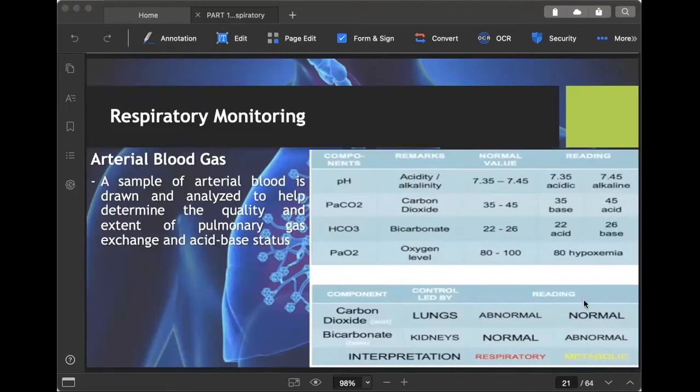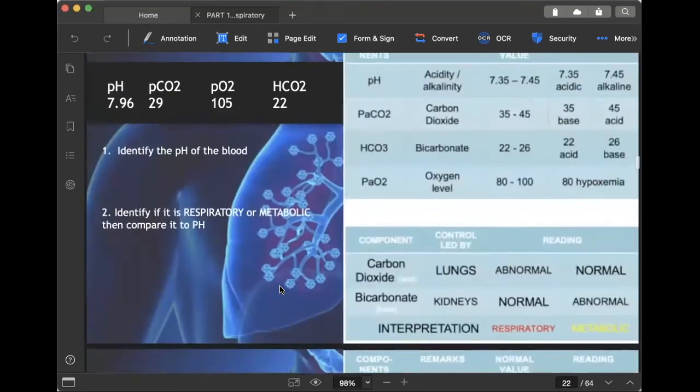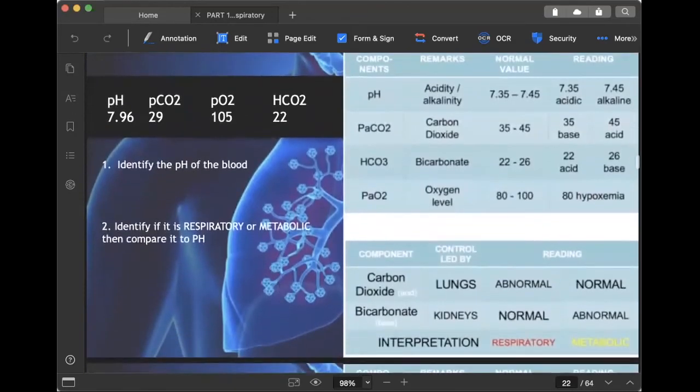The first thing that you're going to determine here is, of course, the pH of the blood. Once you determine the pH of the blood, you can already know if it's acidic or alkaline. Then you identify if it's respiratory or metabolic by comparing it to the pH.